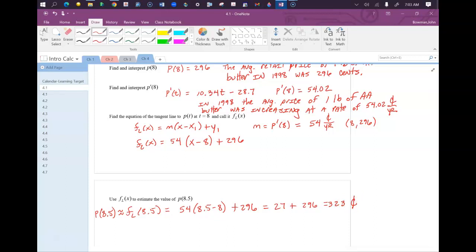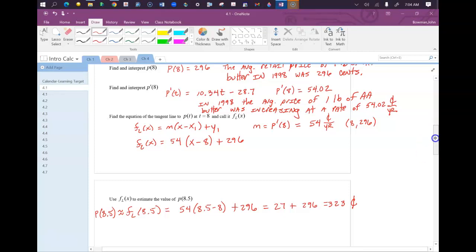So what we're saying is P of 8.5 is close to FL of 8.5, and FL of 8.5 is 323 cents. So an estimate for the price of 1 pound of butter halfway through 1998 is $3.23.